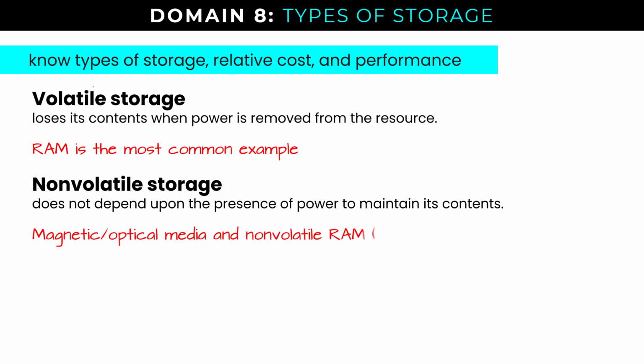Certainly magnetic media, optical media, and non-volatile RAM would be a couple of many examples. Really any storage you can imagine that doesn't lose its contents when it's not connected to power is a good example of non-volatile storage.